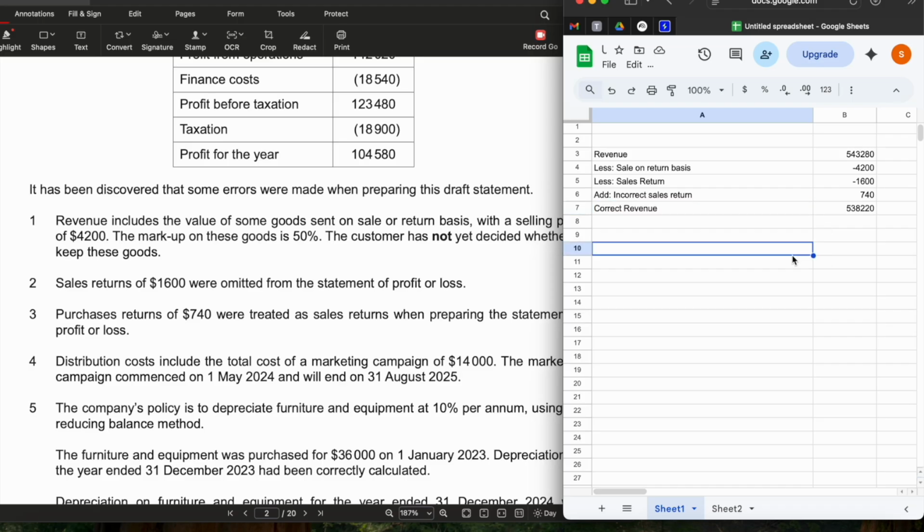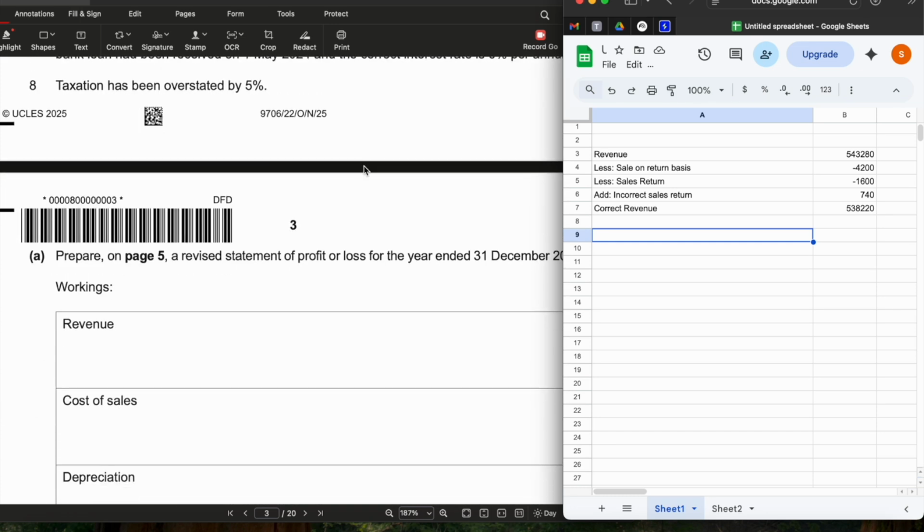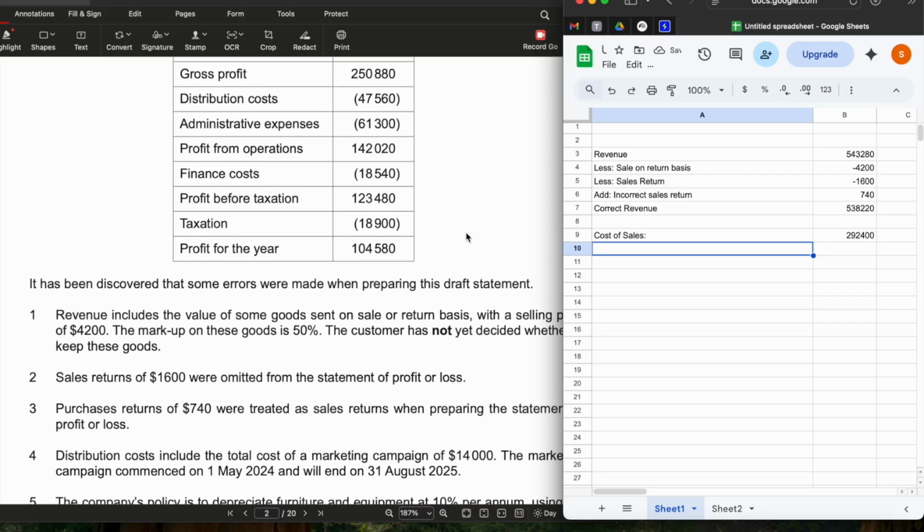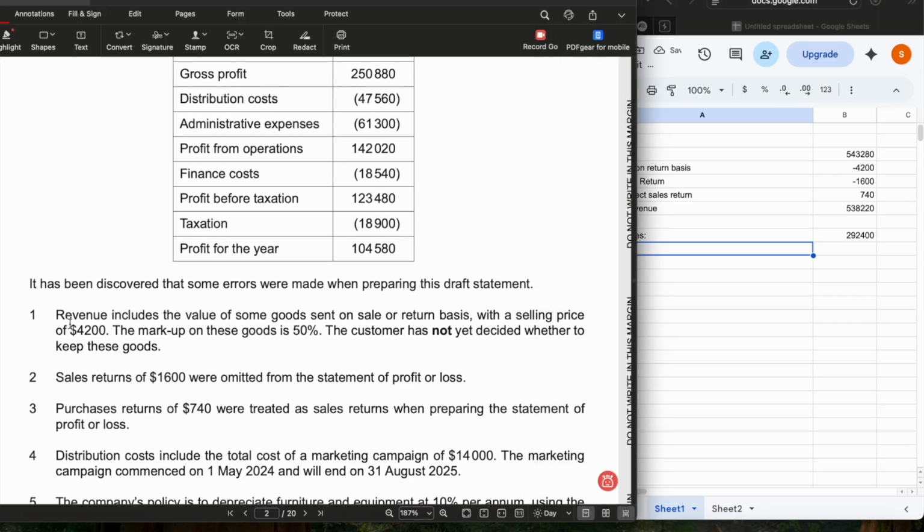Then the second calculation that we have is for cost of sales. The cost of sales amount is given in the question, 292,400. Now the first adjustment is where the revenue or sales is on sale or return basis.